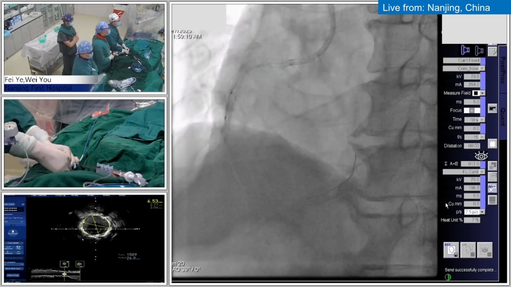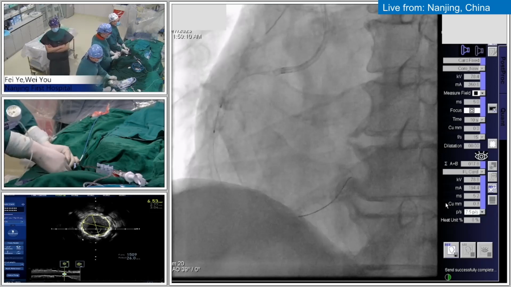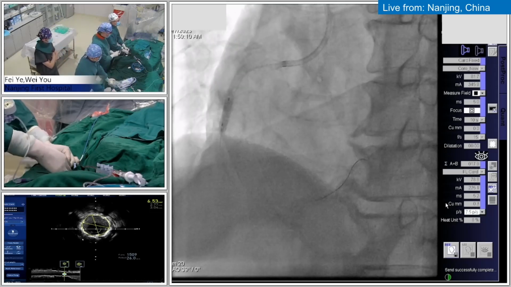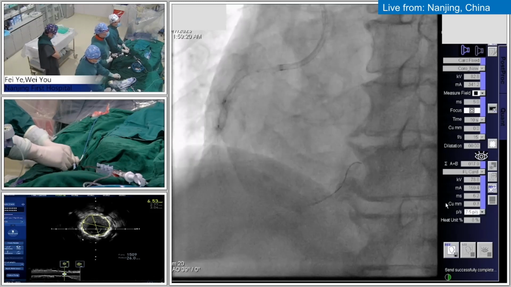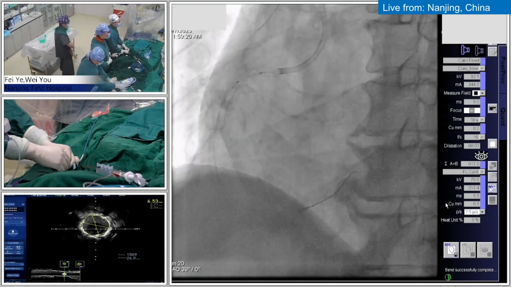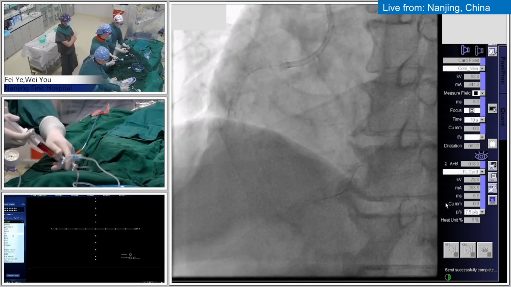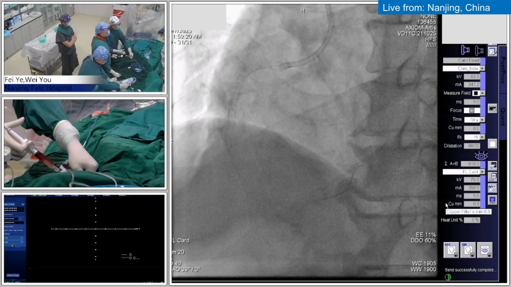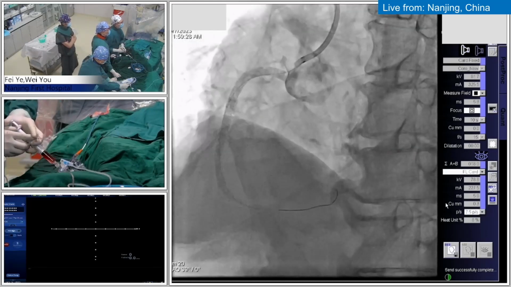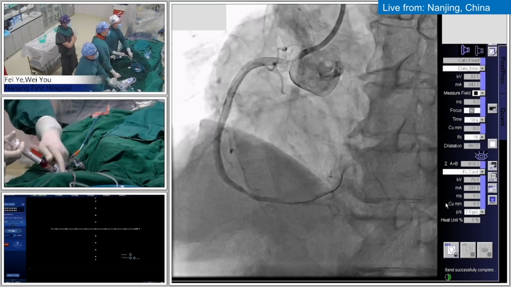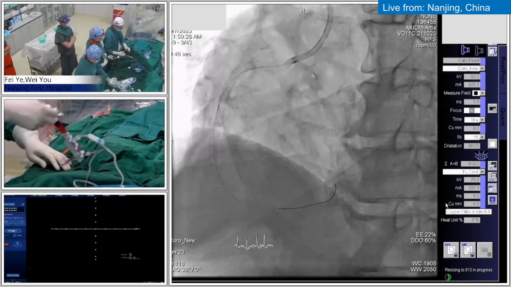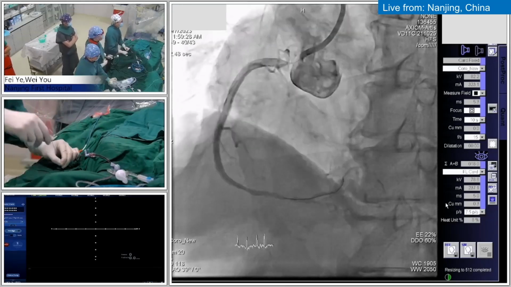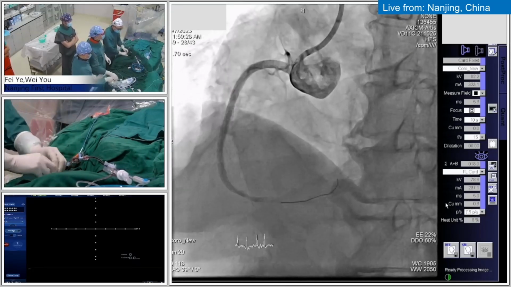Please prepare the IVUS. Okay, IVUS is ready. The time we use IVUS is just 1 minute. Okay, done. Okay, before that, I'll give you a picture. Okay, we can check the IVUS. IVUS, please.